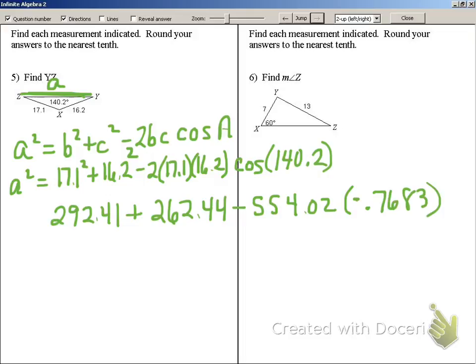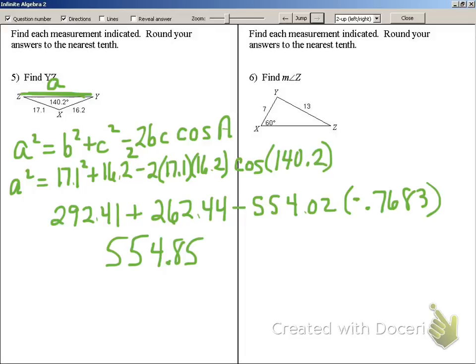Then I'm going to go by order of operations. 292.41 plus 262.44 gives me 554.85.